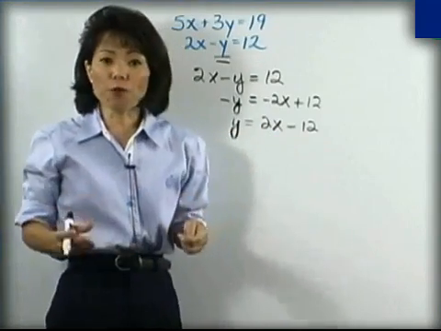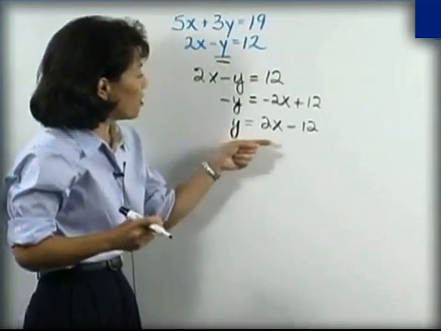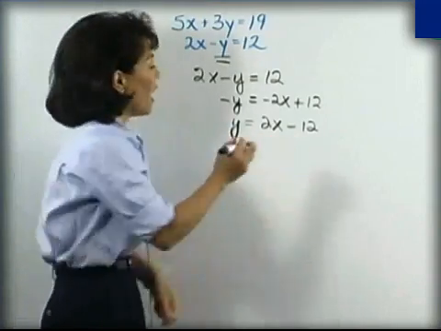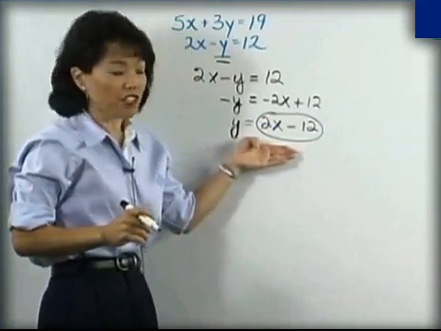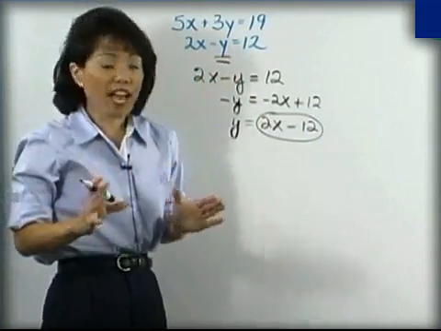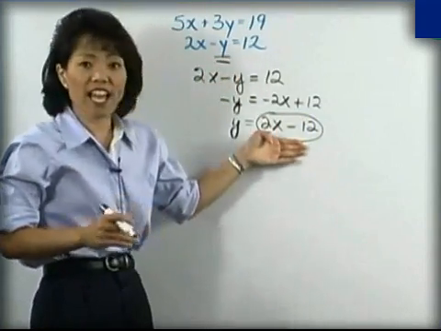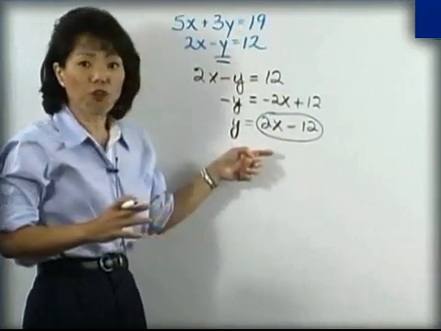Now I'm ready to incorporate what's called the substitution method. Since I know that y is equal to 2x minus 12, I can take this expression here. Now remember, this equation was taken from the second equation, so what I'm going to do now is take this expression and substitute it in to the first equation for y.